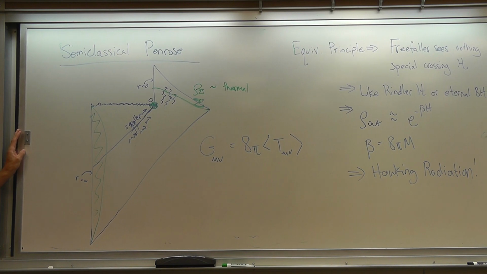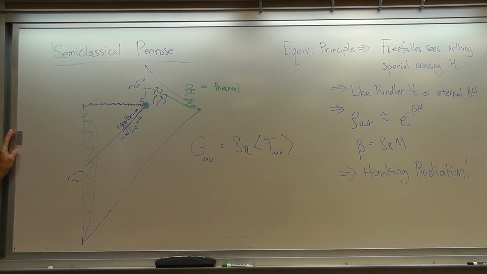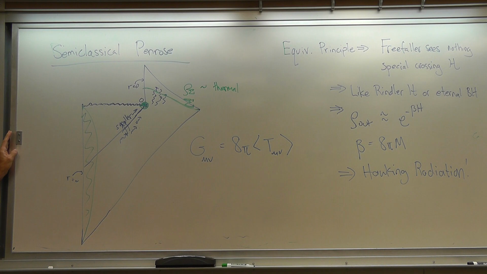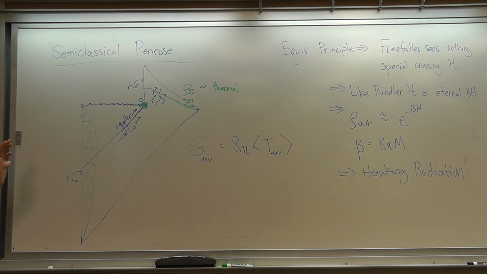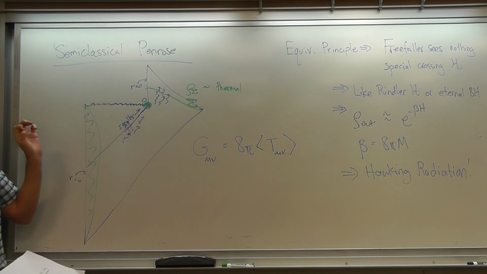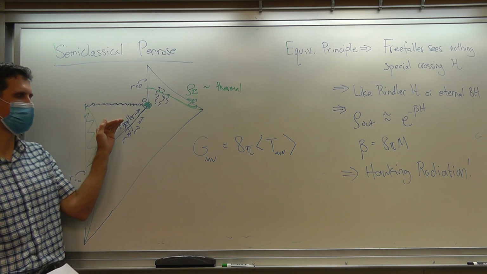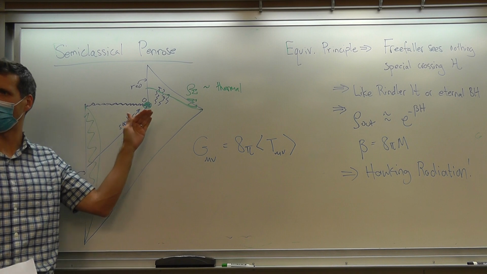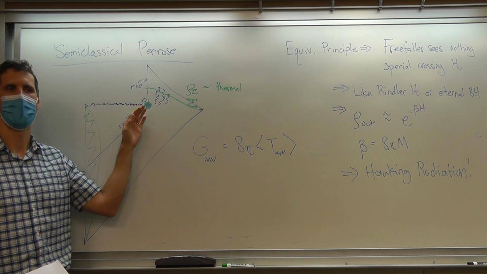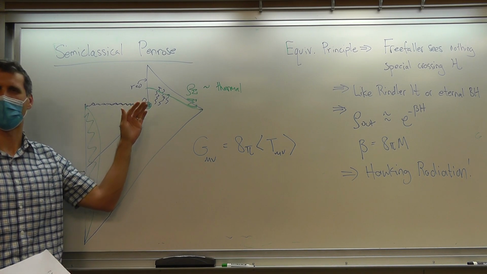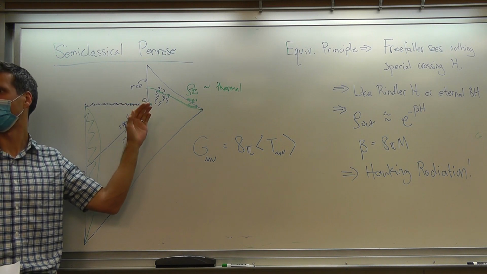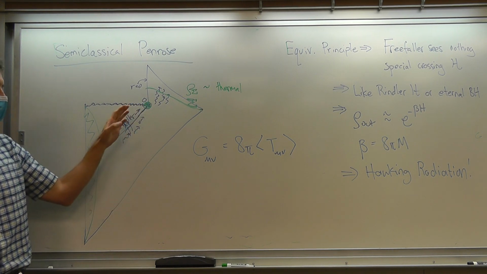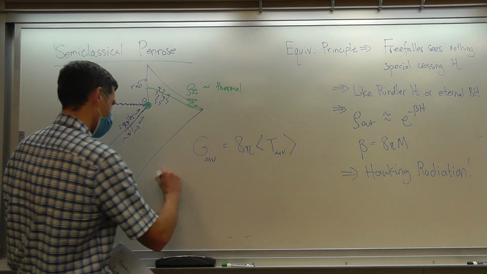How does this relate to the infinite stress energy at the horizon part? Say somebody came along and said, I don't believe you, you picked the wrong quantum state. I have this other quantum state which doesn't have any particles coming out.